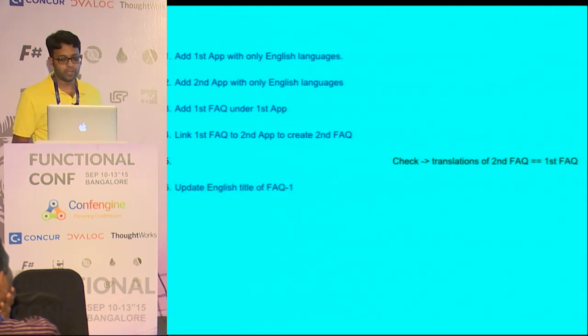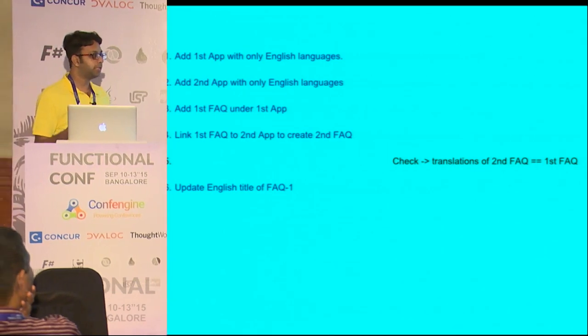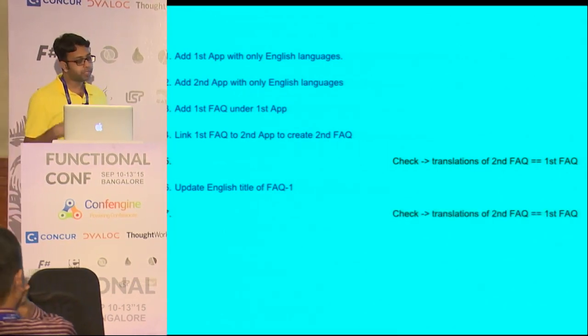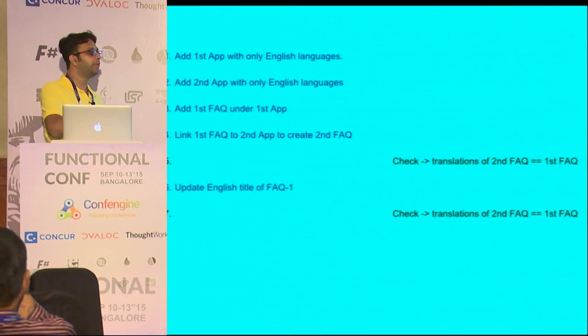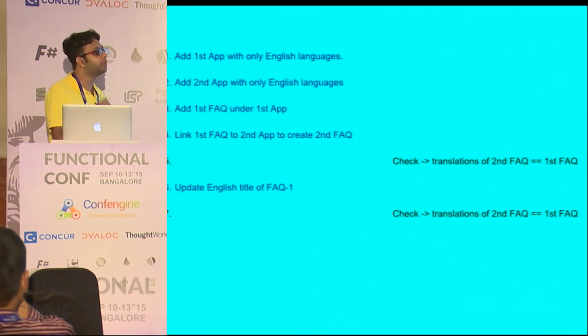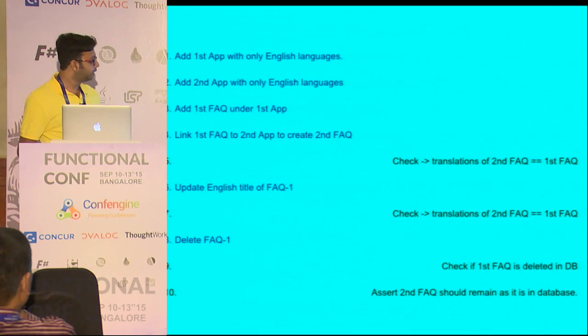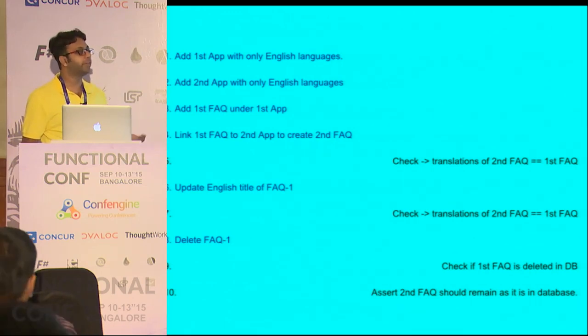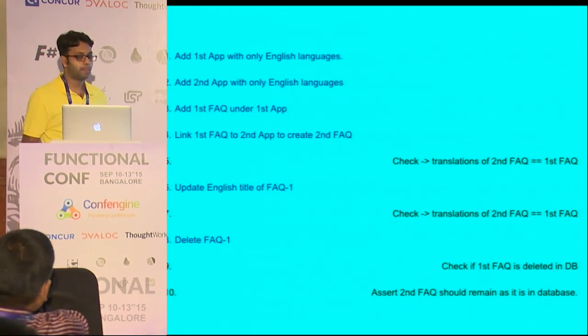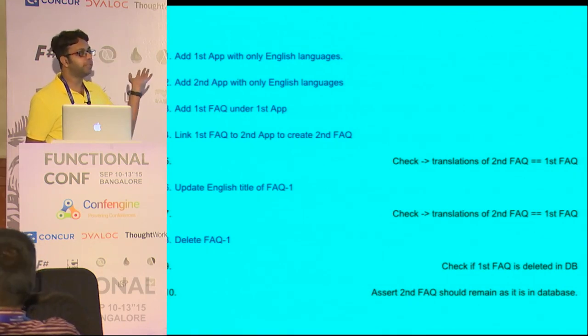Then I would like to update the English title. Then I would like to check again whether the content is actually synced and updated to the second FAQ as well. Then I would like to delete the first FAQ and check whether it is actually deleted in the database. Then I would make sure that the second FAQ is still remaining intact. So can anyone see a pattern here?